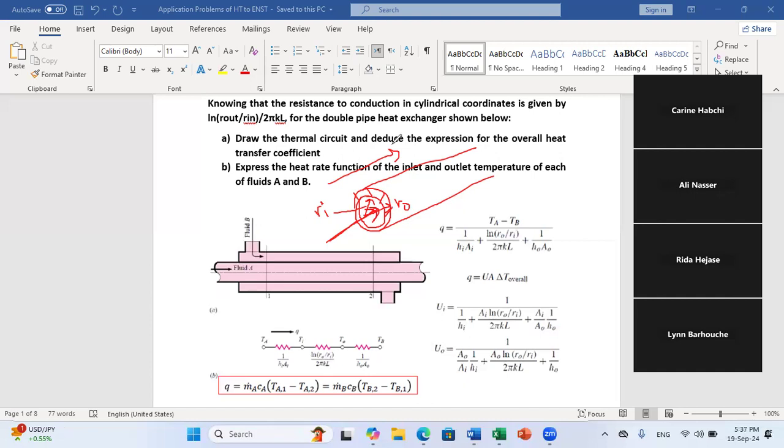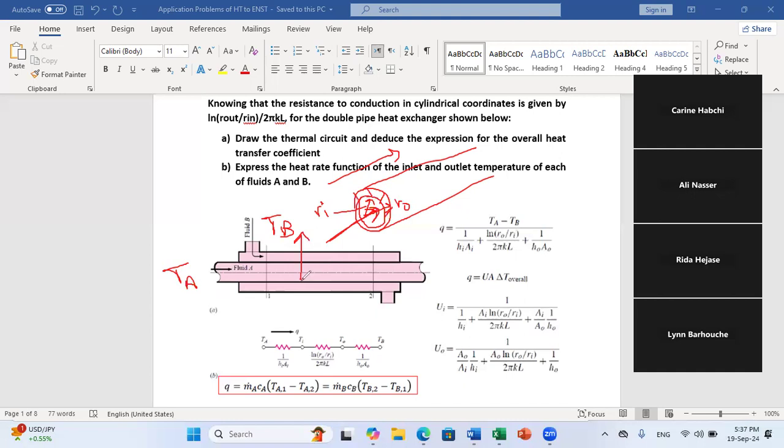And this will allow us to draw the thermal circuit as we did last time. Because consider, for example, that the average temperature of fluid A is larger than the average temperature of fluid B. So heat will flow from A towards B, to the external environment.